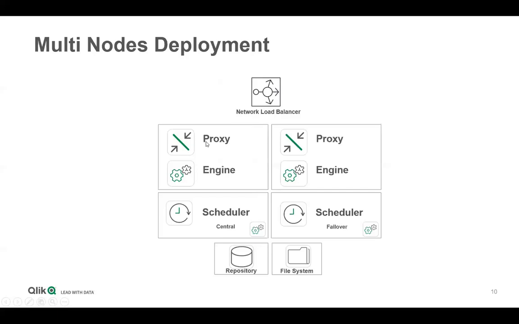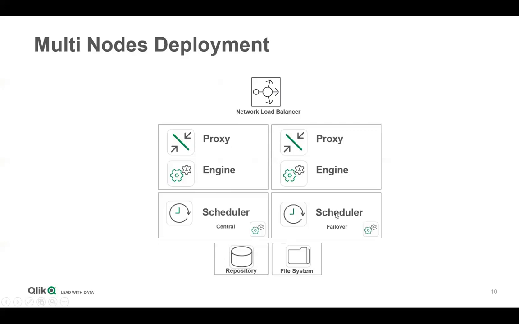And with 2 active proxy services, the workload of the user sessions will be shared. We have 2 engine nodes, and then all the visualization workload also will be shared. This will optimize the engine resource to improve the visualization performance.